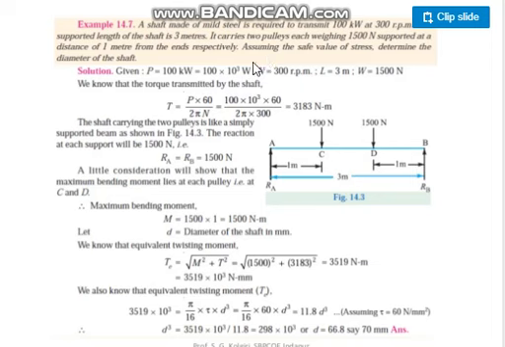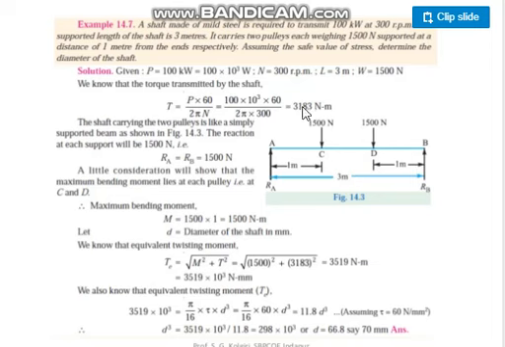Newton, again, sorry, the speed is 300 rpm, the length is 3 meters, and the weight is 1500 newtons. So first let us find out the torque from the power given. This is the power equation: P is equal to 2 pi N T upon 60. Rearrange it, and from that you can find the torque.